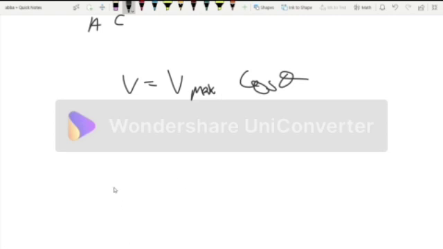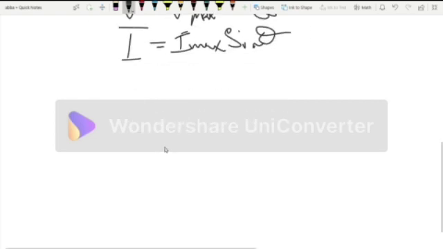So AC current is I equals I max sine theta, right? Now that is basically that.